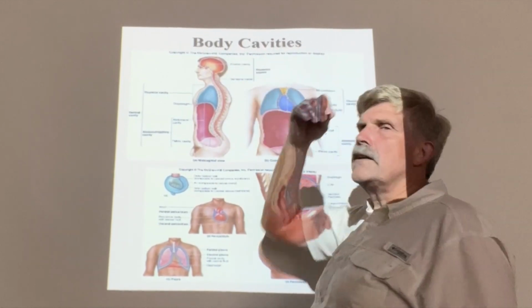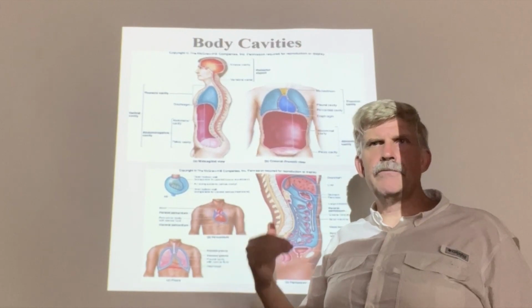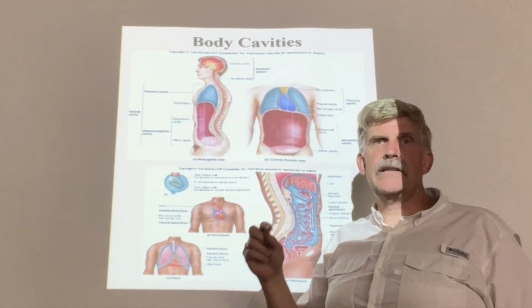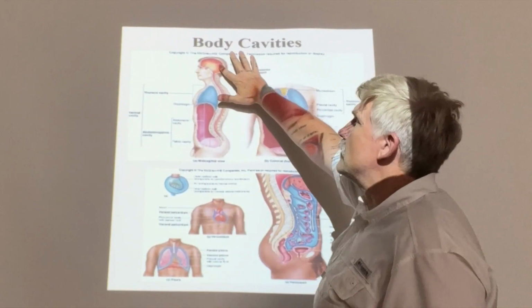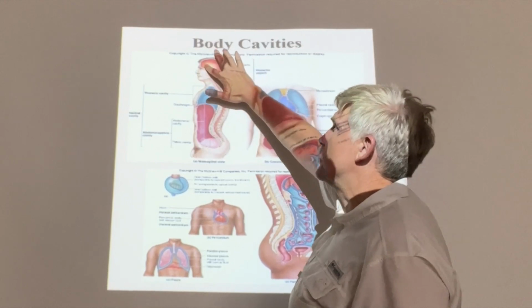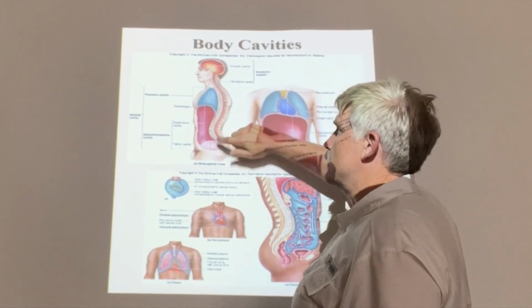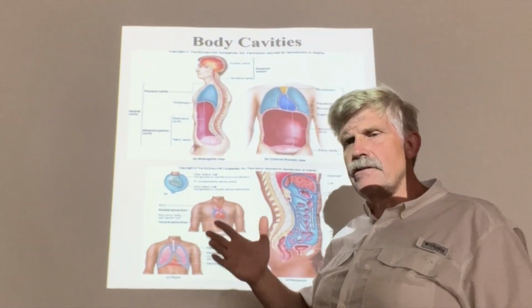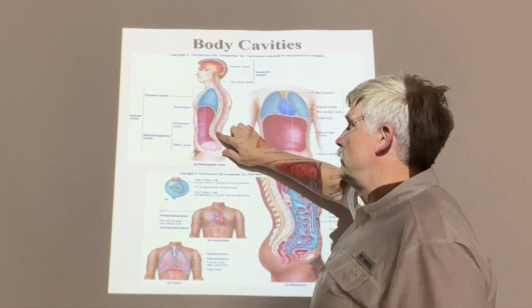So when you're looking at the dorsal body cavity, we can break it into a cranial cavity and a vertebral canal or vertebral cavity, and the dividing point is the foramen magnum. And then obviously in the cranial cavity we have housed the brain, and within the spinal canal we have housed the spinal cord. So it's called the dorsal body cavity because it is on the back side of the body.